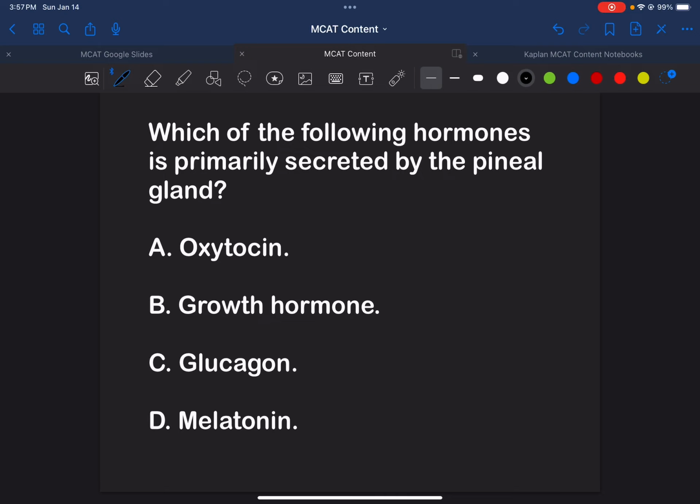First things first, I want you to understand the flow of hormonal control, or the level of regulation that goes into it. So your autonomic nervous system controls your hypothalamus, and your hypothalamus then goes on to control your pituitary gland.